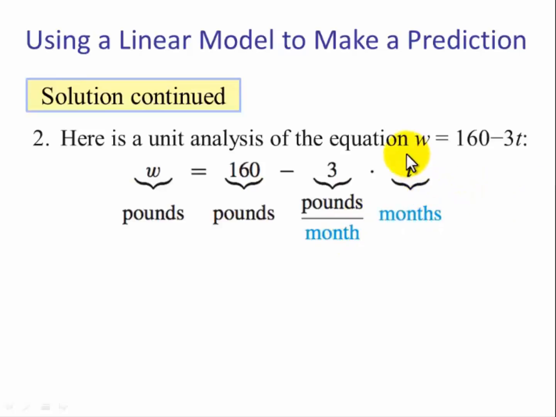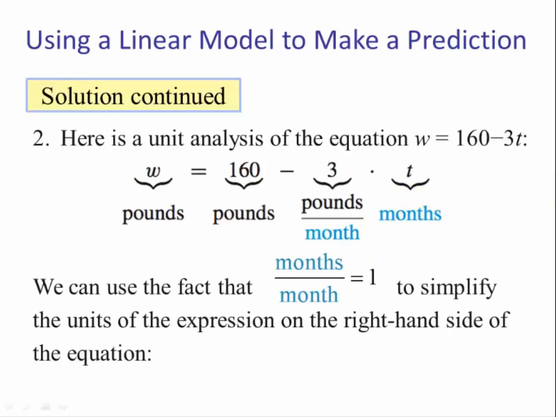And t is of course time. It's measured in months. Now if you look here, we're going to use the fact that months divided by months cancel. And when I say cancel, months over months is 1, and if we take 3 times 1 we get 3, so the units cancel.